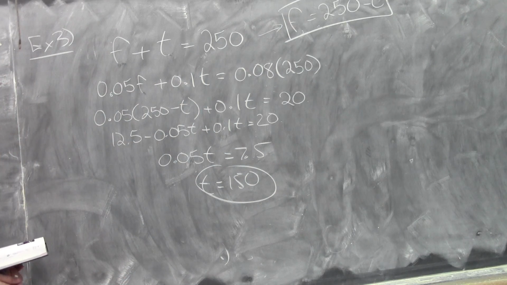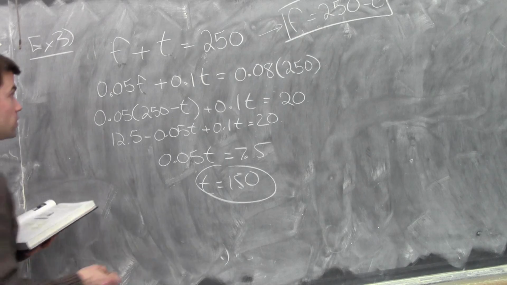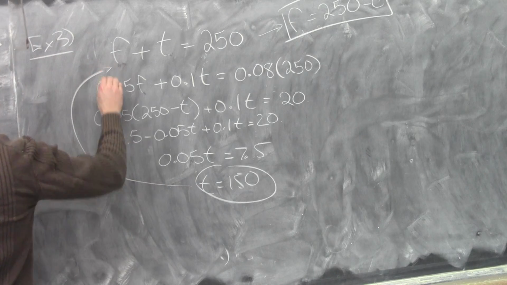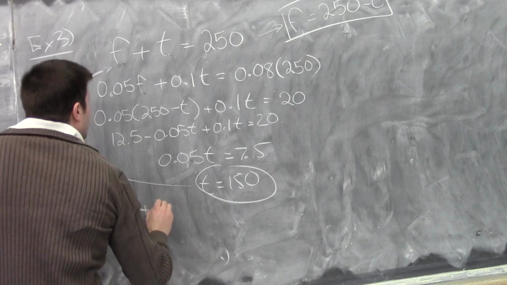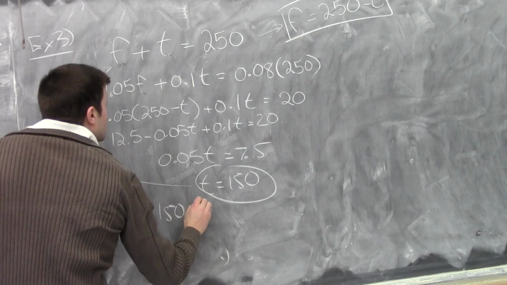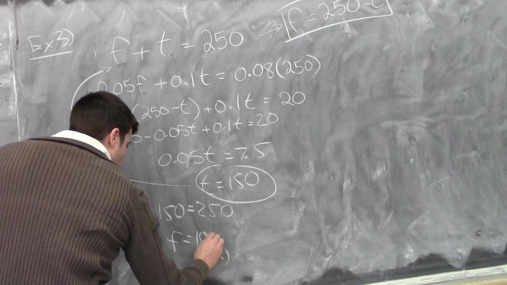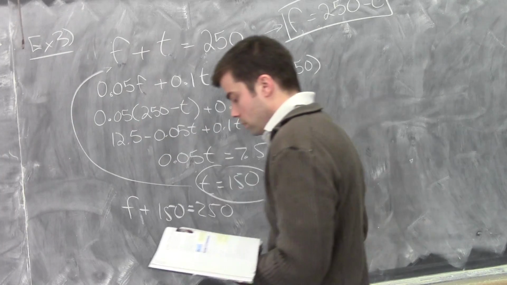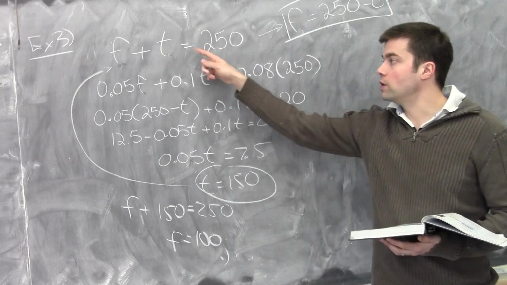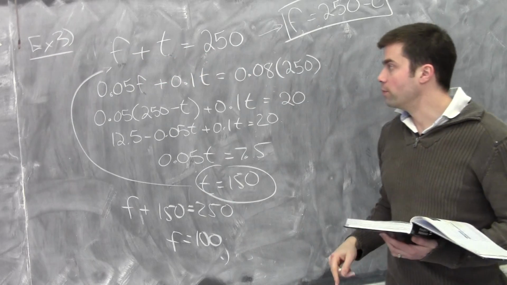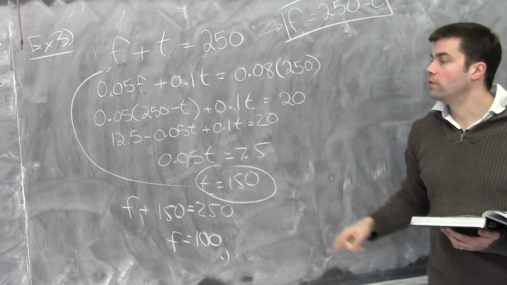So we get a value of T is 150, and we can substitute that into the first equation. So we have F plus 150 is equal to 250. We have F is equal to 100. So remember now, this is our volume equation, so we know F is 100 milliliters, T is 150 milliliters.